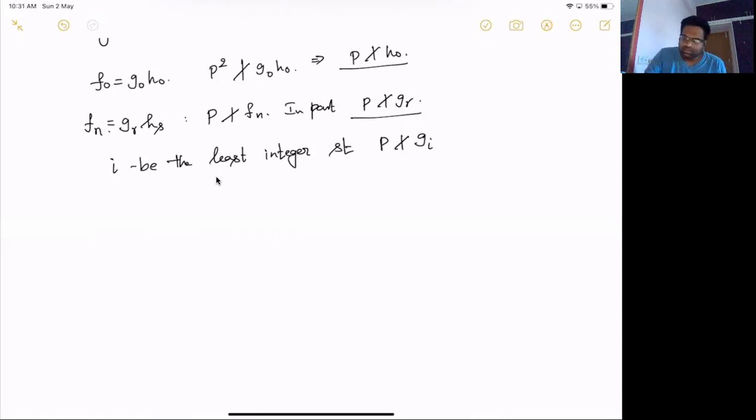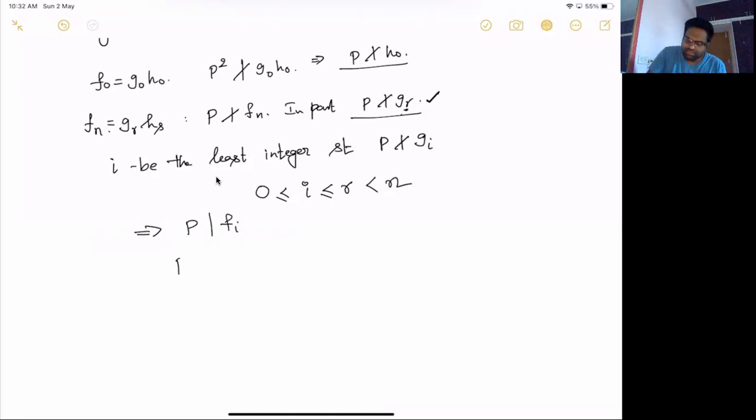Okay. Then by what we had seen, i must be less than or equal to r, and r is strictly less than n. This is at least 0. So this implies p divides Fi.